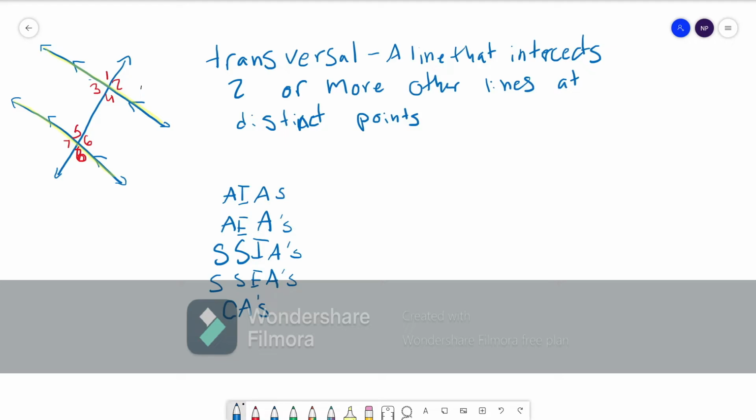So, now we're going to talk about how they can relate to each other. So we're going to use the same picture over here. We're just going to get a different color. So, AIAs. If lines parallel. And you can make up your own key for things. This is just what I use for parallel.